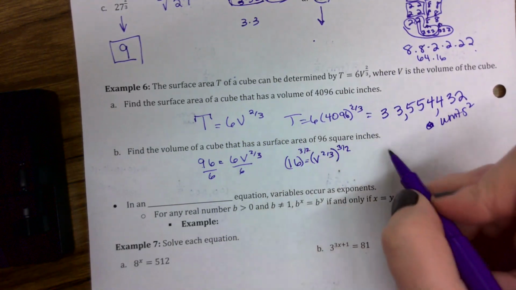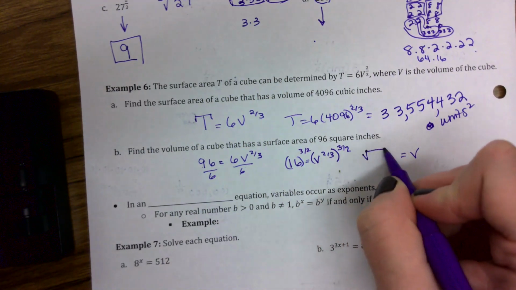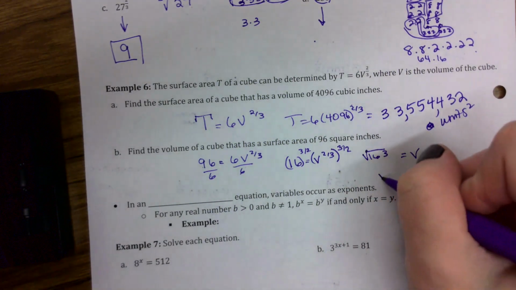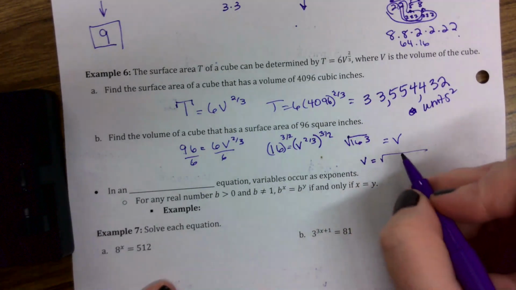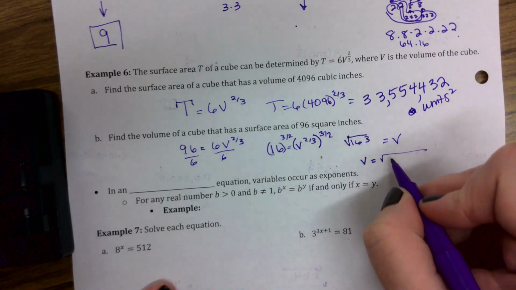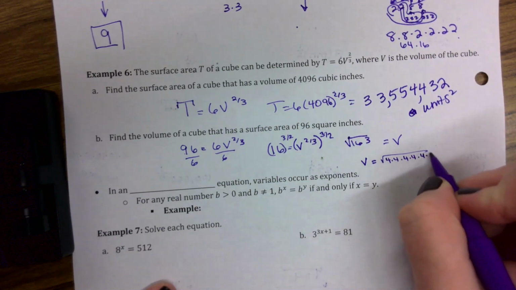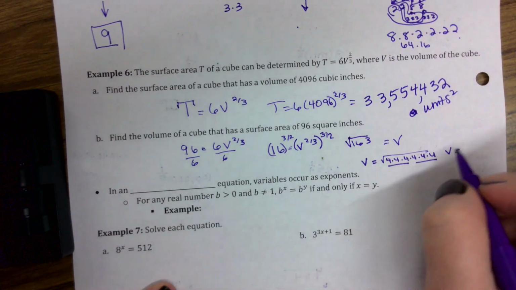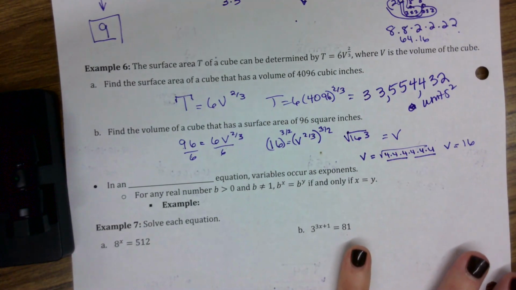These will cancel each other out, and you'll get volume equals the square root of 16 to the 3rd. Put that in your calculator, press enter, and this is what you should get. You should get 16 times 16 times 16, which is 4 times 4 times 4 times 4 times 4 times 4. Have a group of 3, have a group of 3. Volume is 16. You could just put that in your calculator, and that's what you would get too.